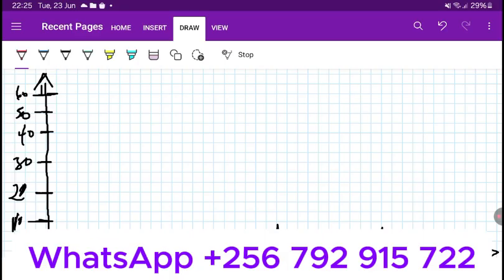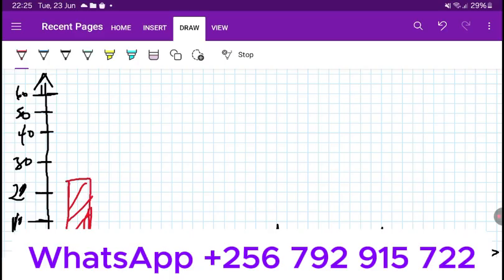So the first one, we had 24. Of course, we are interpreting the scale. Let's assume that the 24 is around there. Now this one you can shade, and then maybe we shade it with that.